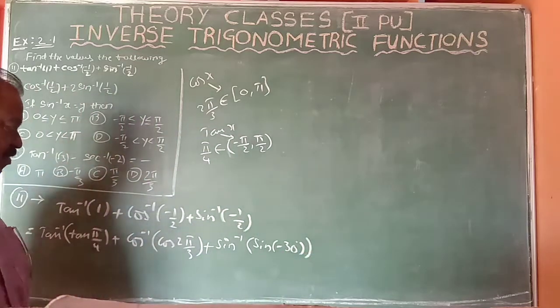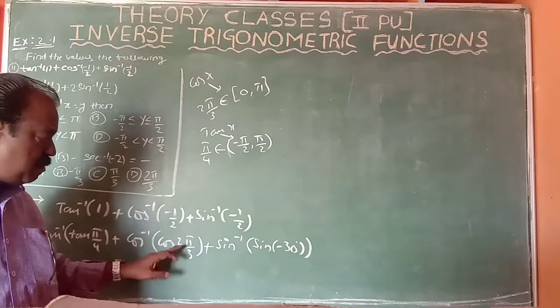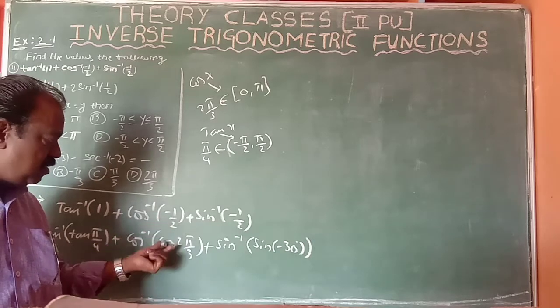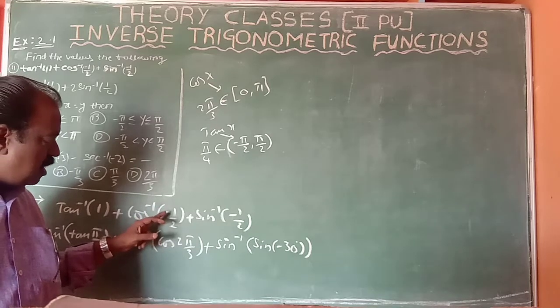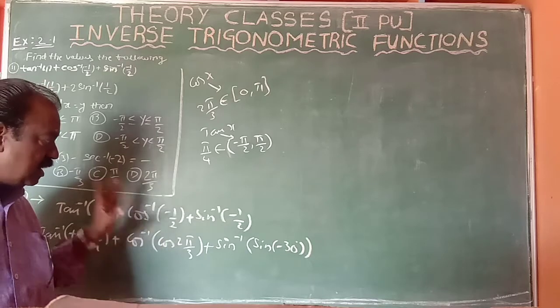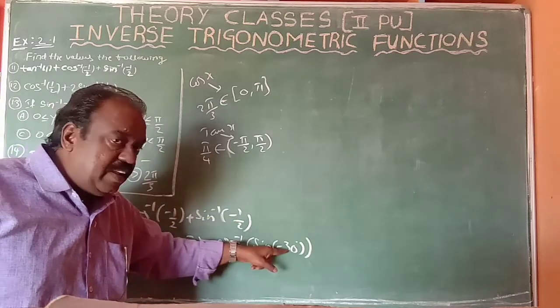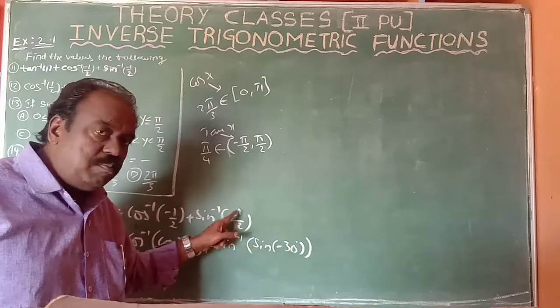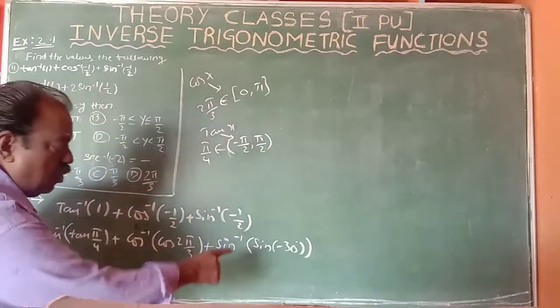Here we are not writing cos of minus 60, because cos of minus 60 is plus cos 60, but here we are looking for the value minus 1 by 2. So sin of minus 30 is minus sin 30, minus 1 by 2 will come. Try to understand.